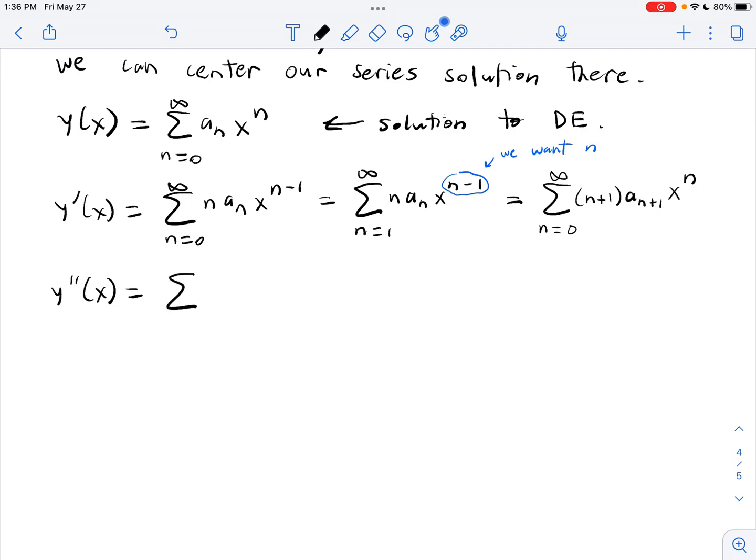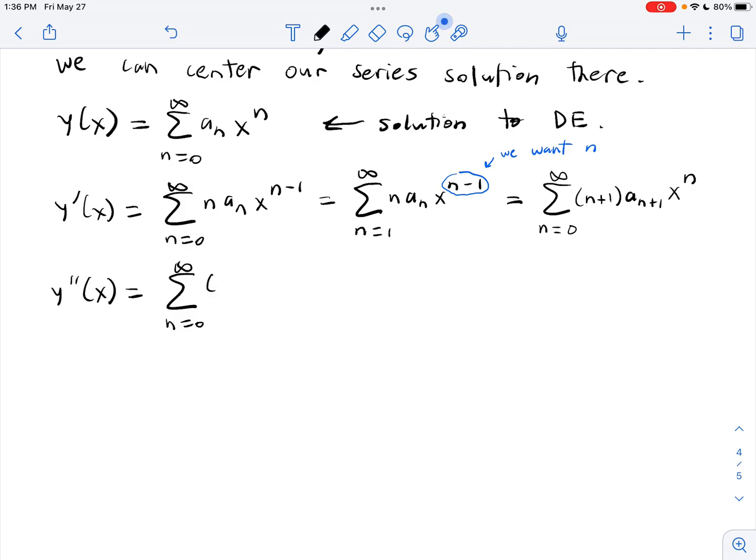So if you take another derivative, you get n plus 1 times, remember, I'm looking at this guy right now. Okay, let me underline it really quick. I'm looking at this guy right now, and that's the guy I'm taking a derivative of when I'm doing this work, okay? So I have n plus 1, and I bring down the n as well. So actually, let me write it this way.